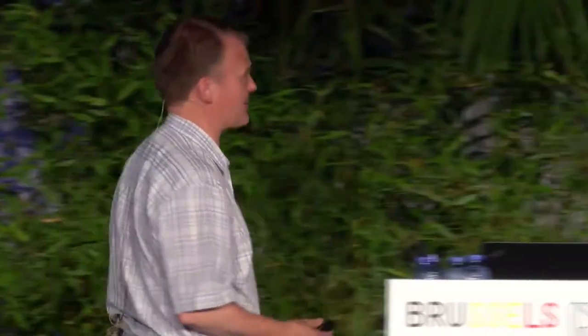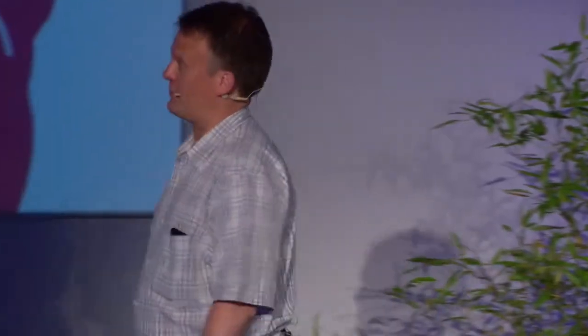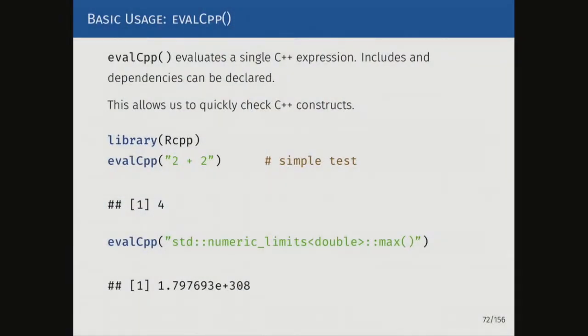So 2 plus 2 is, remember what I told you in this brute mini introduction to C++, doesn't have a semicolon at the end, doesn't do types and whatever, but you can ask yourself what is C++, and there's enough stuff that we put around it behind the scenes so that it evaluates. We usually use this if you come back from the conference, super enthusiastic, you talk to your colleagues about it, Rcpp is the bee's knees, and so they set it up on their computer and they have trouble.